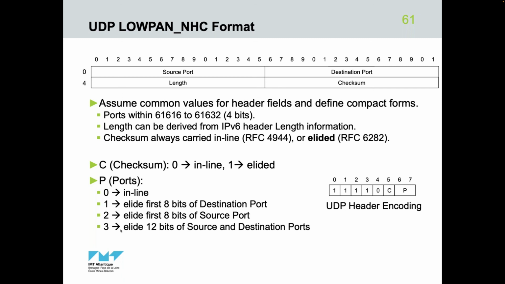And finally, the most efficient combination is 11, which means the first 12 bits from both source and destination ports are elided, and thus only the remaining 4 bits are sent.